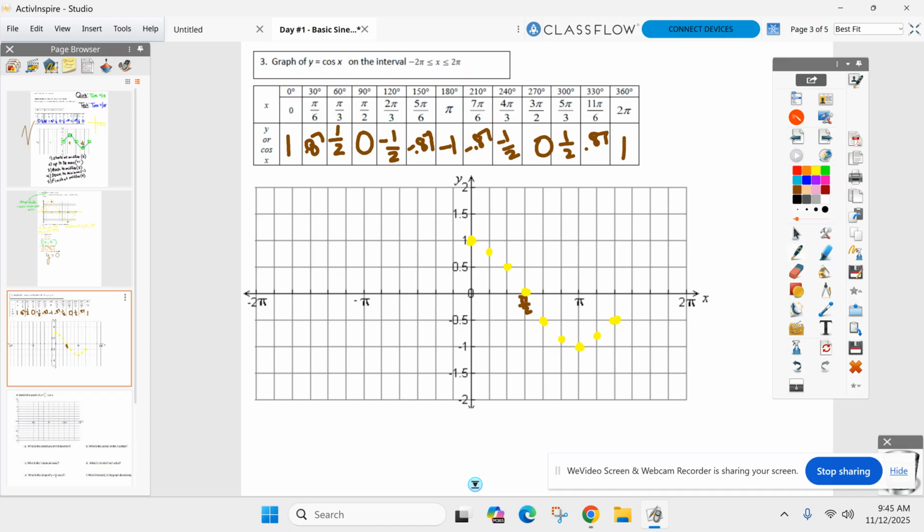If you can on the x-axis, label 3 pi over 2 for me. Coming back to 0. 1/2, 0.87, back at 1. Remember, this is a curve, not a V. It's a smooth curve.